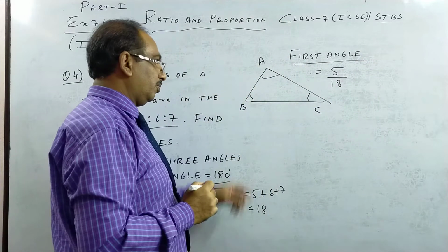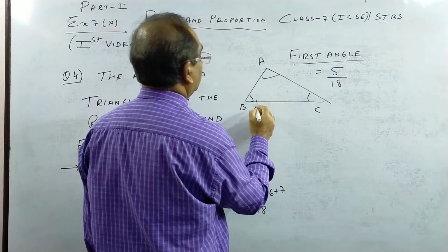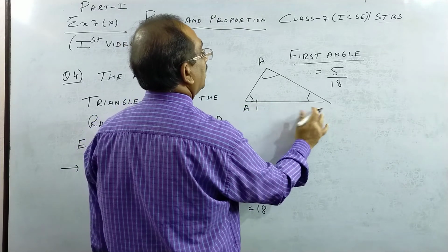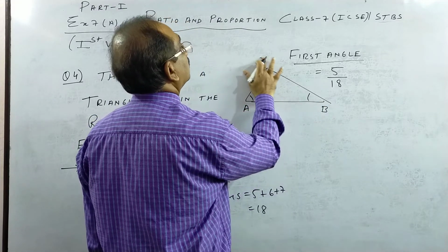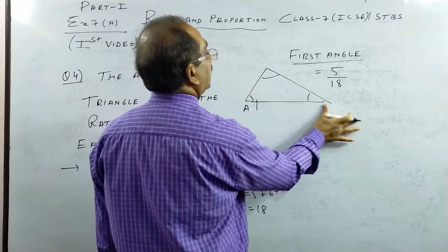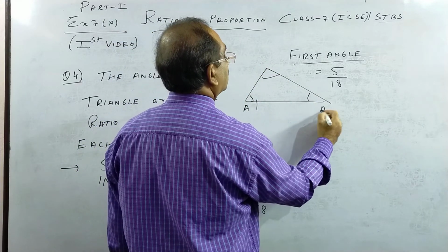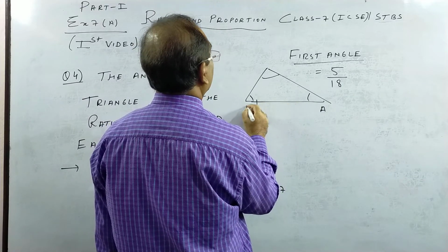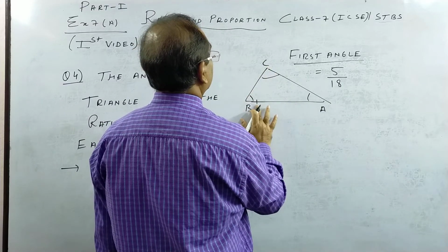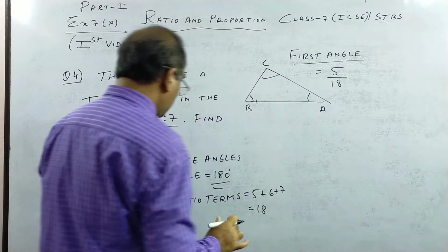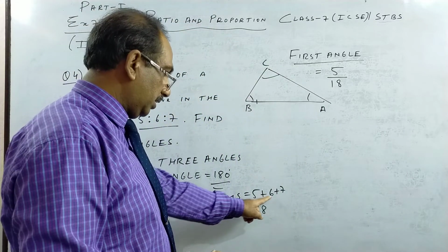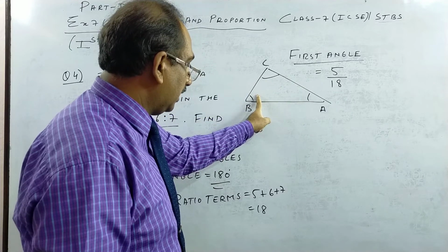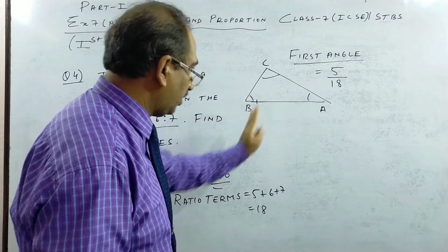First angle, let it be A, B and C. I'm changing the order, children, and I'll tell you the reason here. You can take ABC. Why? Because the first angle is the smallest. What I have drawn here looks the smallest angle, then the middle one, then the biggest. Therefore I have changed the order.